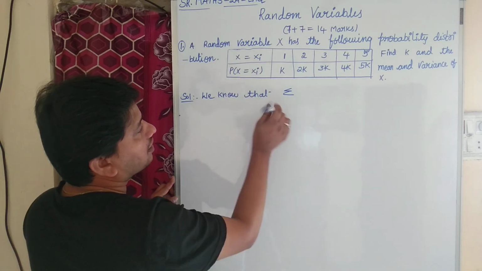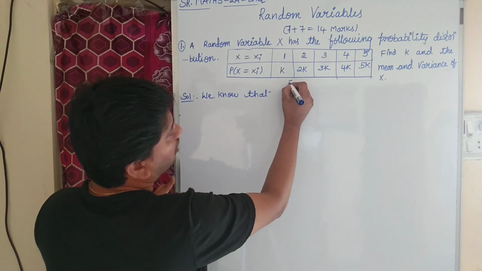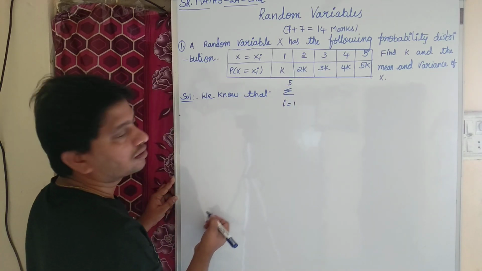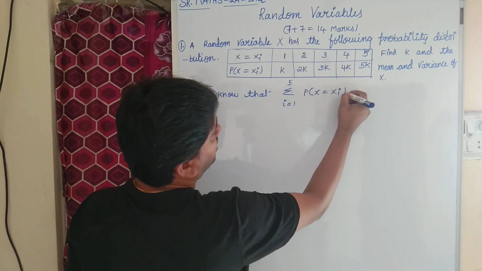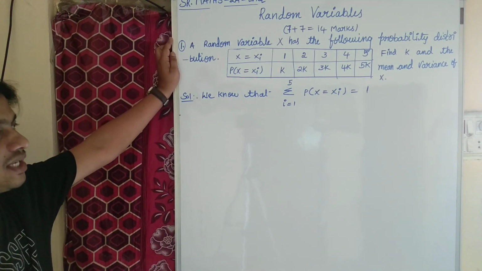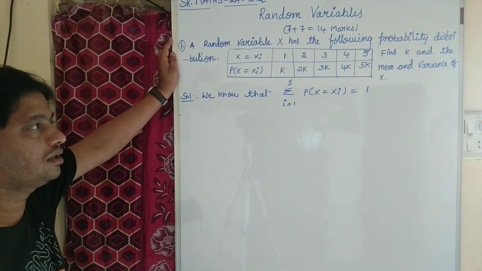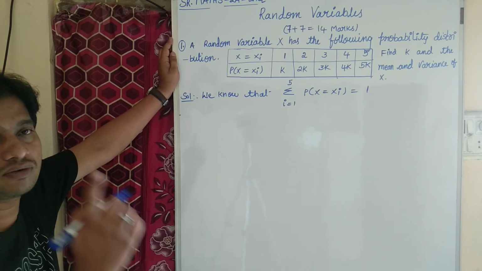Totally we have 5 variables, so sigma i equal to 1 to 5, p of x equal to xi must be equal to 1. If we add all the probabilities, the sum of the probabilities must be equal to 1.